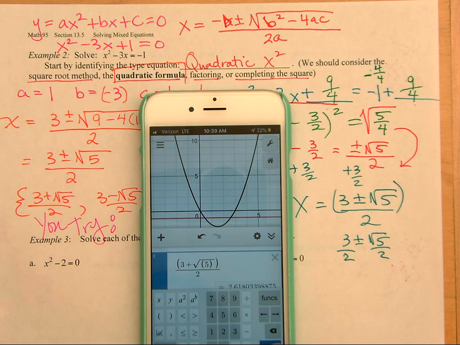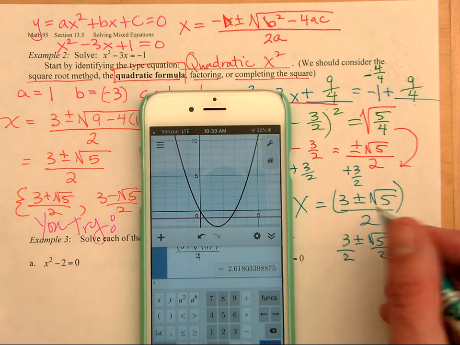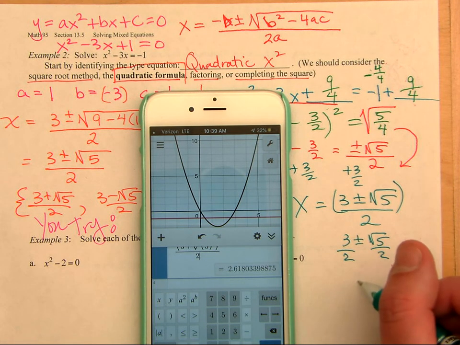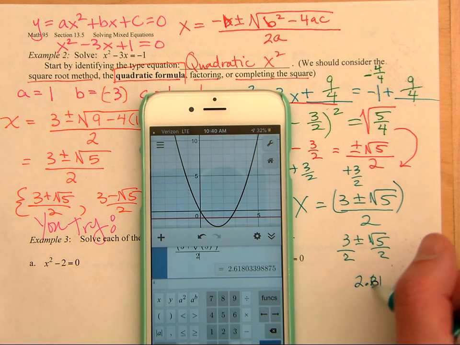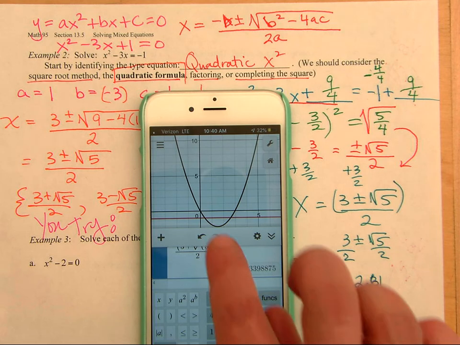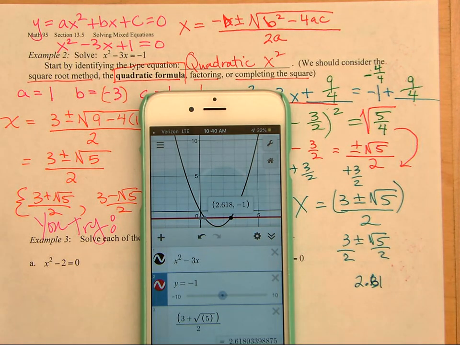You see what it's doing here? It's giving me the decimal equivalent. So the positive one is approximately 2.61. Oops, and I wrote 3.1. I don't know why I did that. 2.61 or 2.62. And if I click on that point, you can see that the x value is the same.